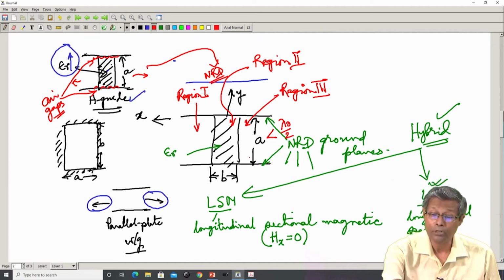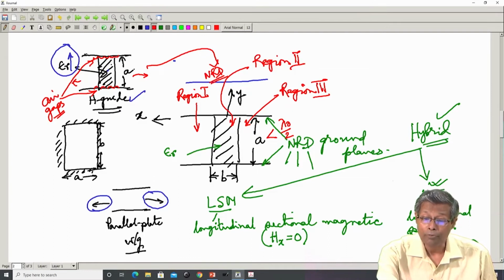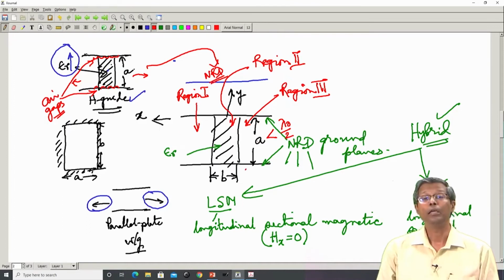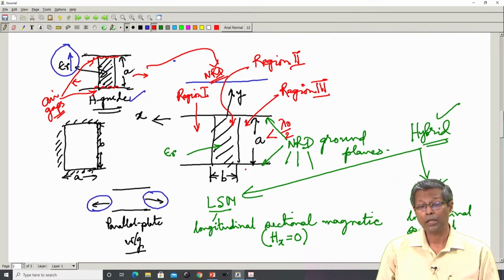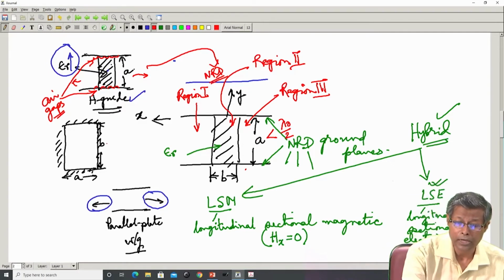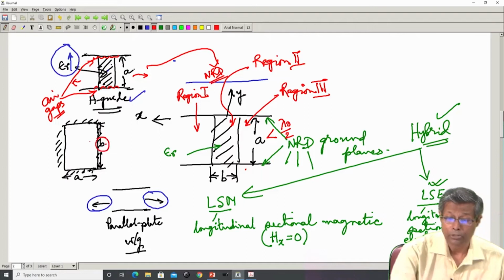So, this is a cutoff region for the wave, and therefore, the waves in this region are evanescent. Okay. Because no electromagnetic wave can travel if the distance between the two metallic plates is less than lambda 0 by 2. We need a minimum distance of lambda 0 by 2 for the electromagnetic wave to travel.